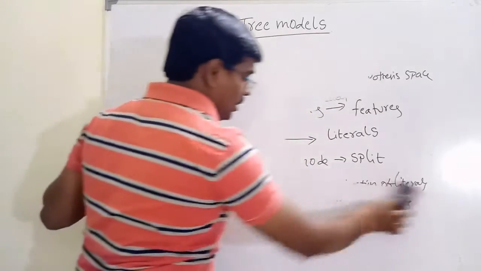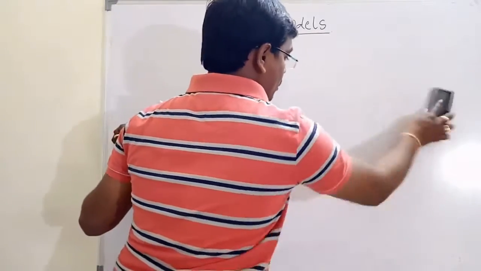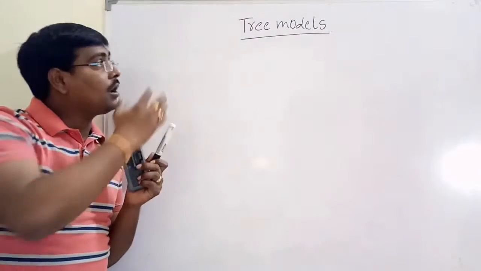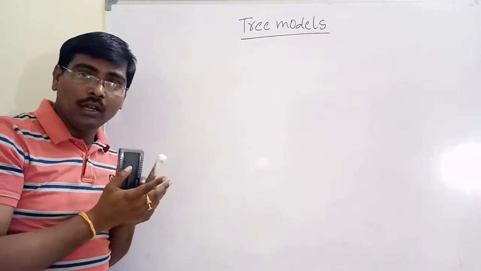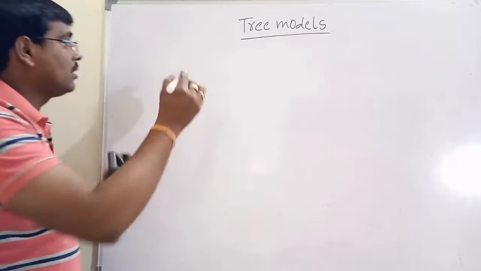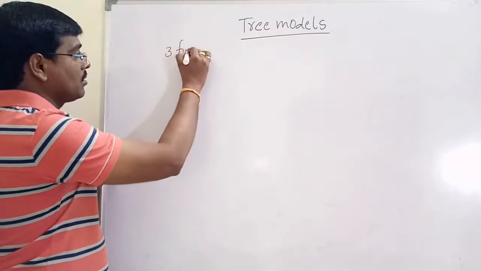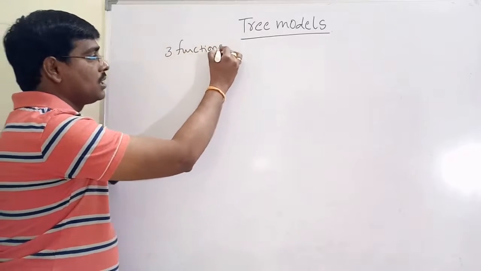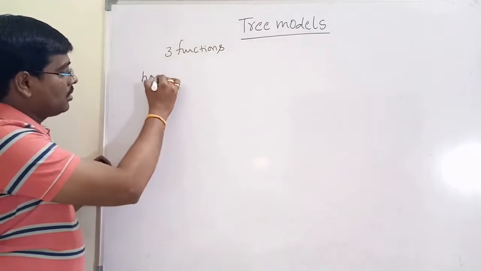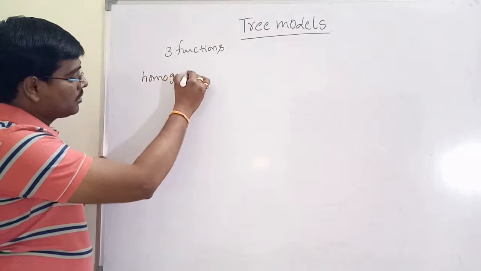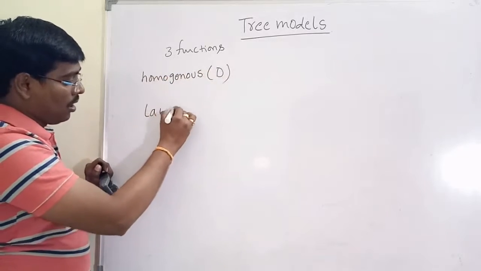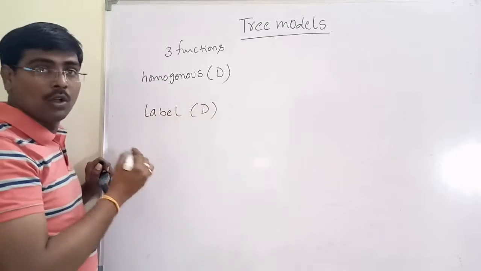Now for the feature tree, we are discussing one algorithm. For example, for all tree models, we are learning a generic algorithm. The generic algorithm uses three functions. Suppose we are using three functions to represent a generic algorithm. The three functions are Homogeneous(D), Label(D), and BestSplit(D, F).